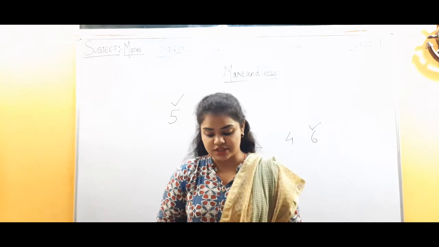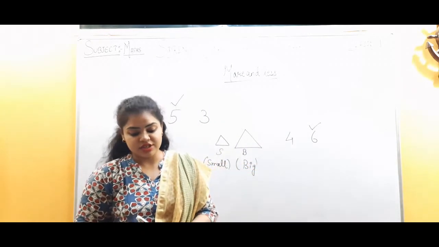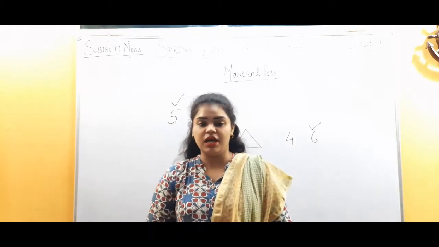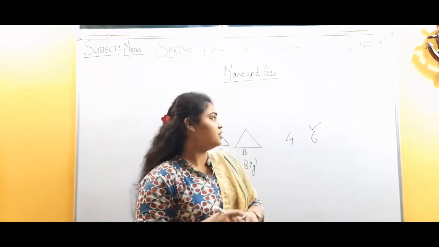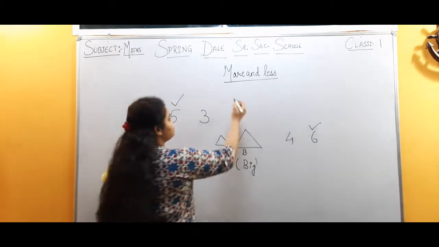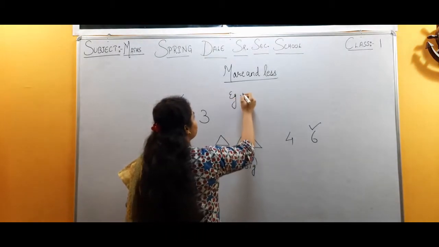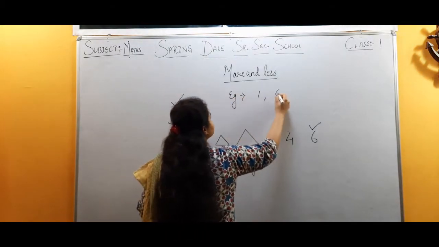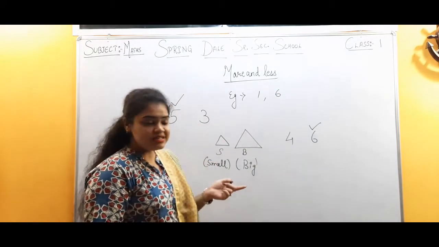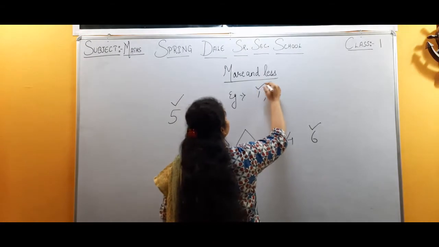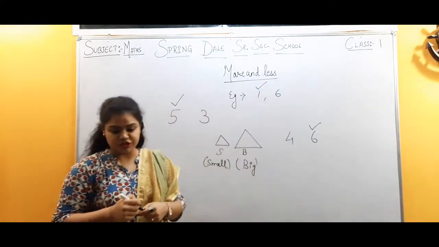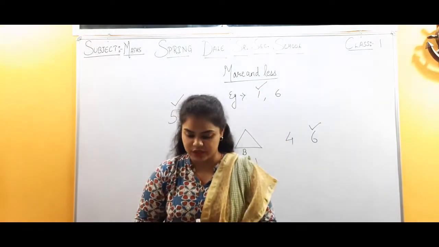Coming to the next question, take the smallest number. Now, whichever number is smaller, we have to take that number. Taking one example, 1 and 6. Which number is less? 1 or 6? Obviously 1. So we have to take the smaller one.